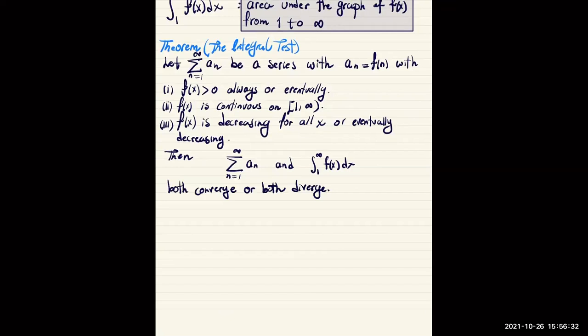They both have the same end behavior, is what this is saying. Okay, so this is really cool, guys. Again, this says that if the integral converges, then the series converges. If the integral diverges, then the series is divergent. Or it can be used the other way. If the series is convergent, then the integral is convergent. Or if the series is divergent, then the integral is divergent.